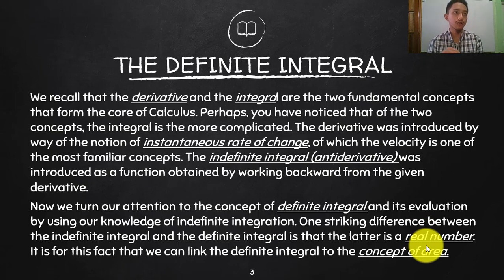Unless you have a value of x to substitute, so that you will have an answer that is a real number. But if you do not have that, then you will end up with an equation. Now in your definite integral, we will directly end up with an answer that is a real number.